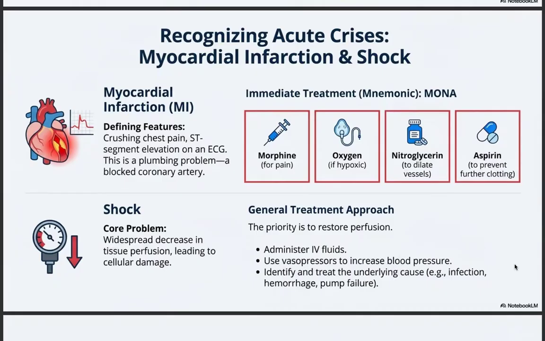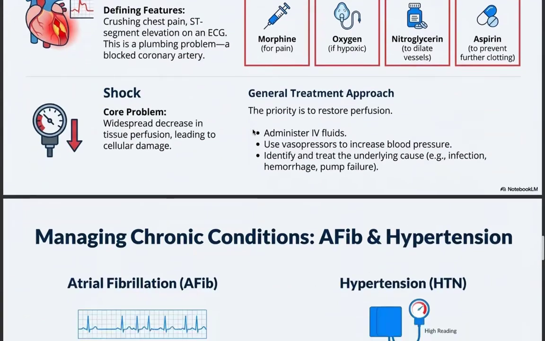You may also see atropine, it just depends. And we need to make sure we treat the underlying cause. In this case, for a myocardial infarction, they're having a pump failure. Infection is more going to be sepsis, and a hemorrhage is going to be hypovolemic shock.